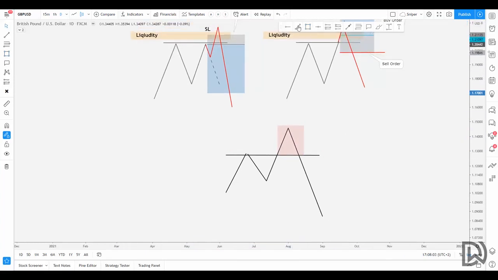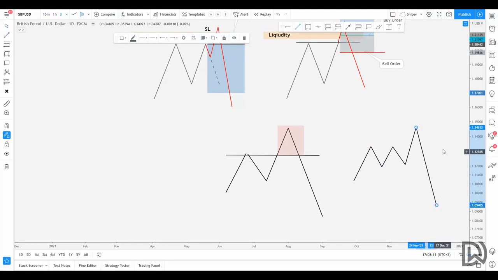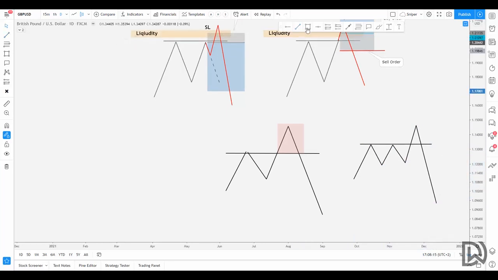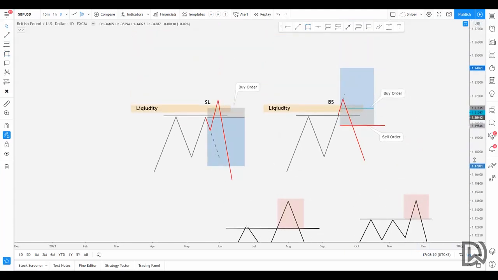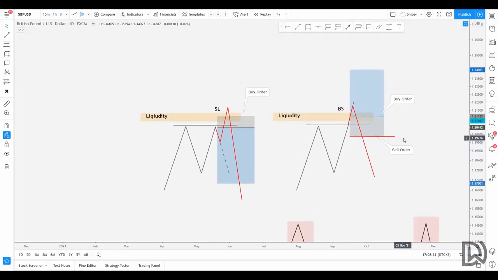And we have double tops, double tops. Price breaks that area and then continues to the downside, and that is the manipulation as well. So I hope this example shows you and gives you a better understanding of why price manipulates into certain areas.